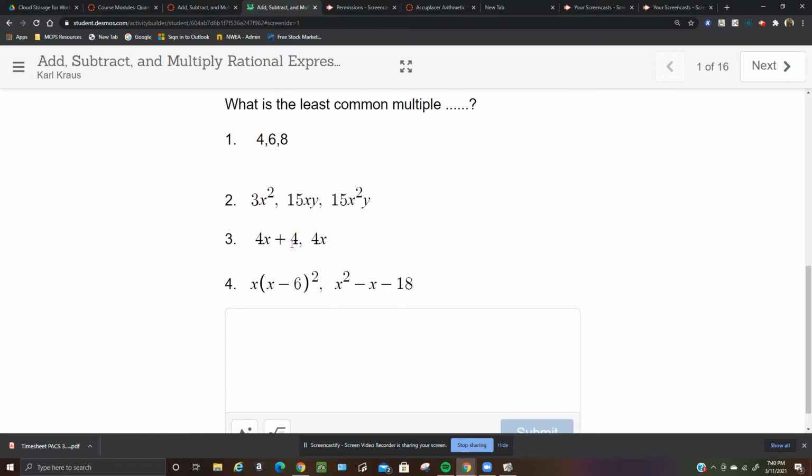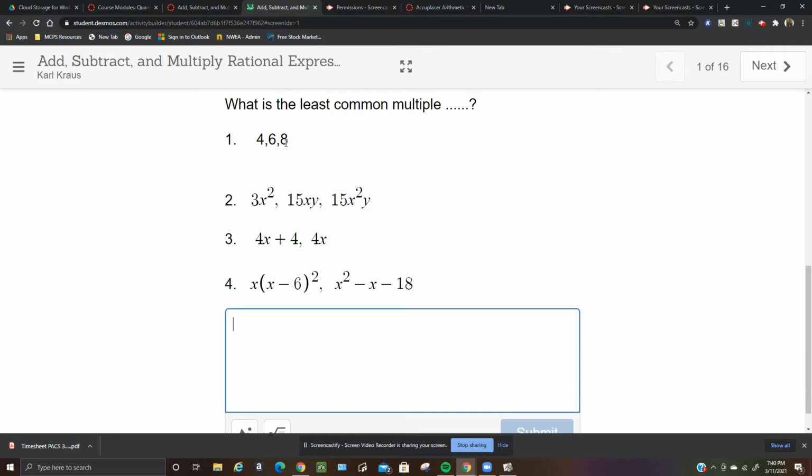And then for these 4, you want to find the least common multiple of 4, 6, and 8. So the way you do that is take the largest number here and then multiply by 1. And 4 divides that evenly, but 6 doesn't. And then times 2, 4 divides that, 6 doesn't.